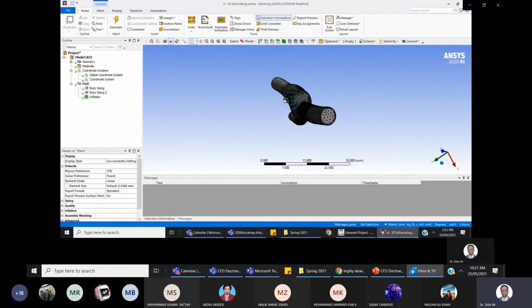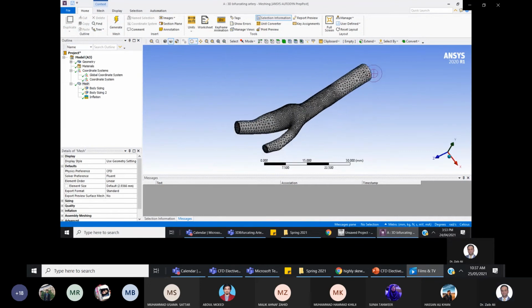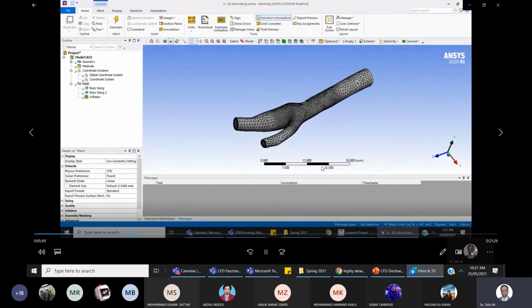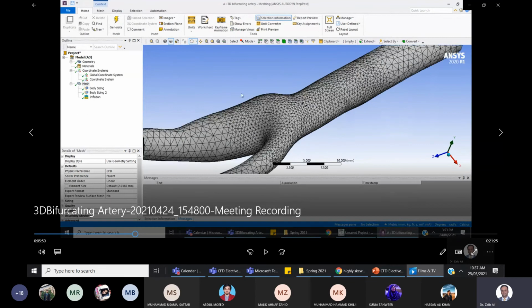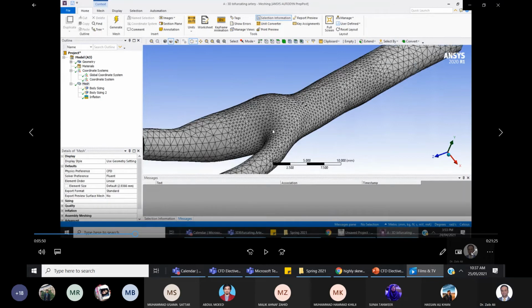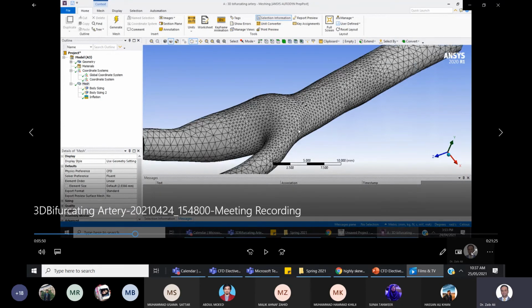And if I just rotate it, you will see that because we prescribed a sphere of influence here, the mesh size is prescribed as half that of the outer region. So here mesh size is 1 millimeter, so each side is 1 millimeter. And in this region, we have half of that.